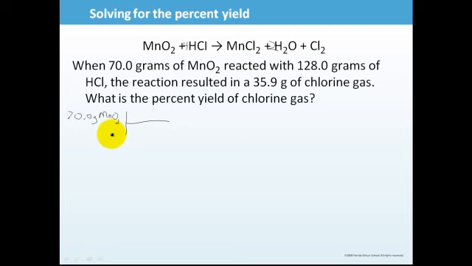Well, 1 oxygen is 15.99, so we got to double that, and that gives us a molar mass of 86.918, that's per 1 mole of the MnO2.